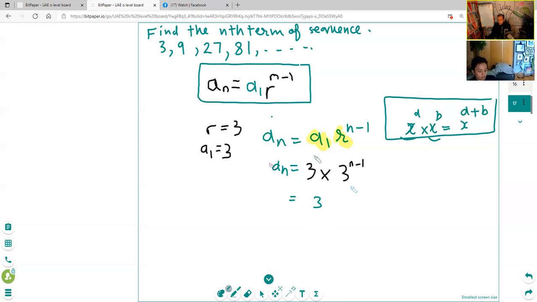No, it is wrong, okay? These are powers. There is no power written, this means there will be 1, and here is n minus 1. You should add their powers. When there are the same bases, we add the powers. You should write 1 plus n minus 1.